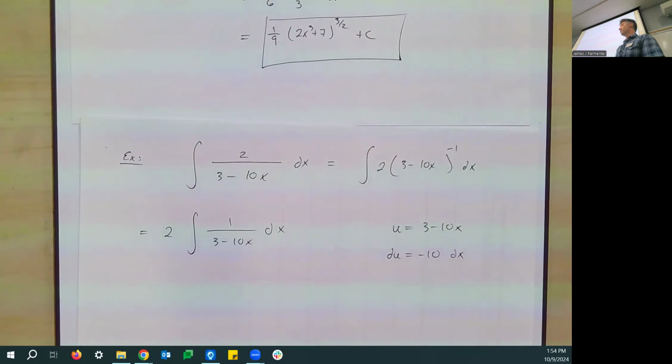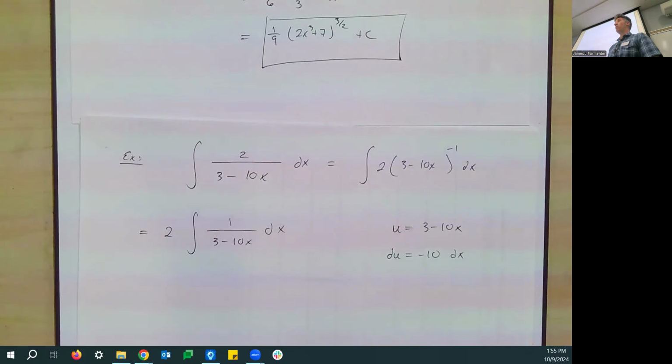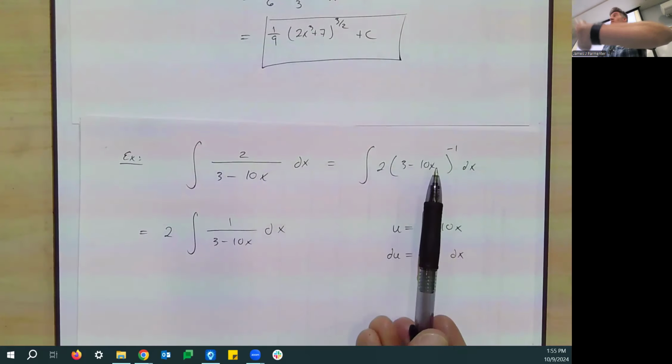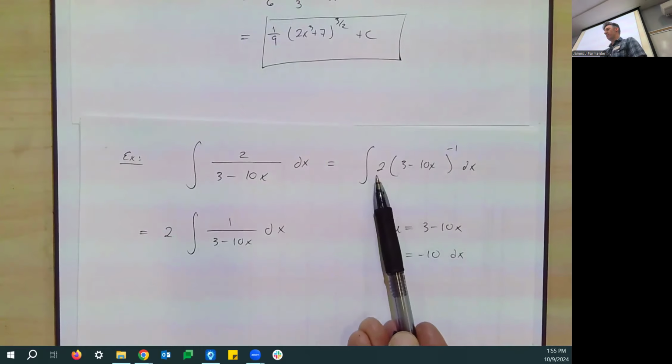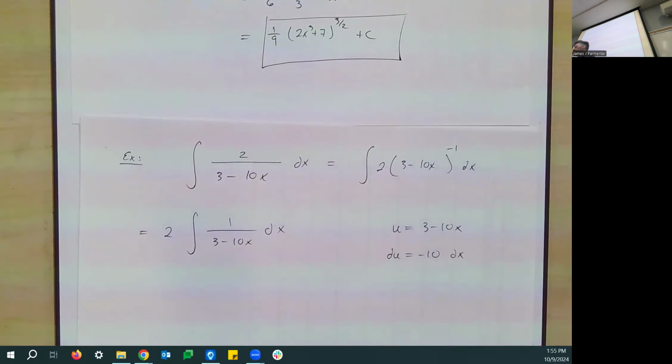I want to point out, I've talked about things like this already, where if you took the derivative of the thing, the chain rule would kind of make you multiply by a constant. Right? If you took the derivative of 2 over 3 minus 10x, I know we're not doing that, but if you took the derivative of the entire inside, you would get negative 1 times 3 minus 10x to the negative 2 times negative 10.